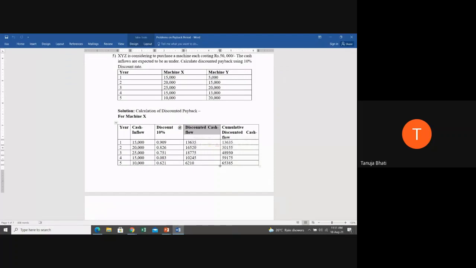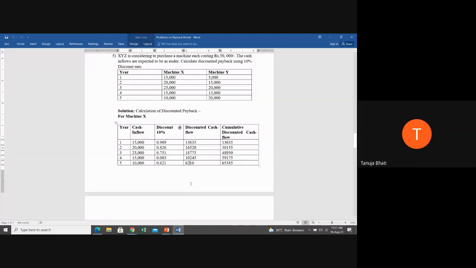Students, are you all there? You have to simply multiply 15,000 into the discount rate. You will get 13,635. So discounted cash flow is nothing but the cash flow into the discount factor. So this is a factor which you have found using tables. When you multiply the cash flow into the discount factor, you will get the discounted cash flow, which you have to write in column number 3.